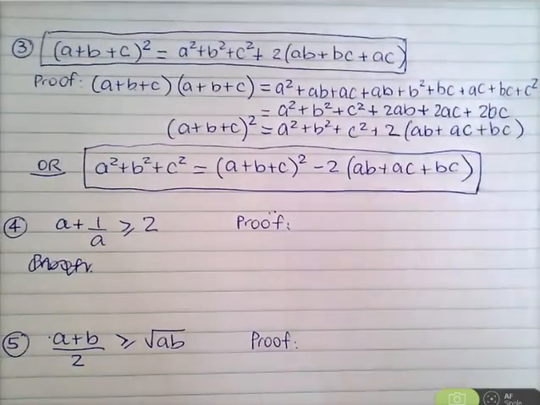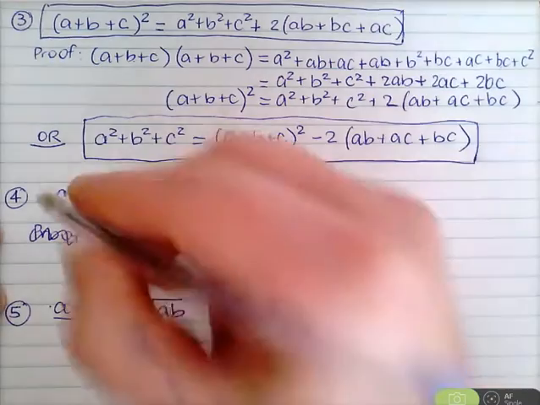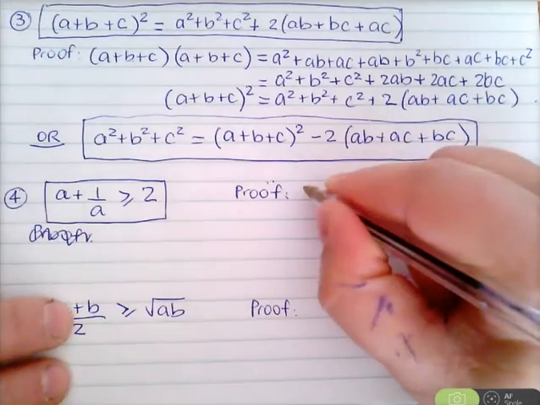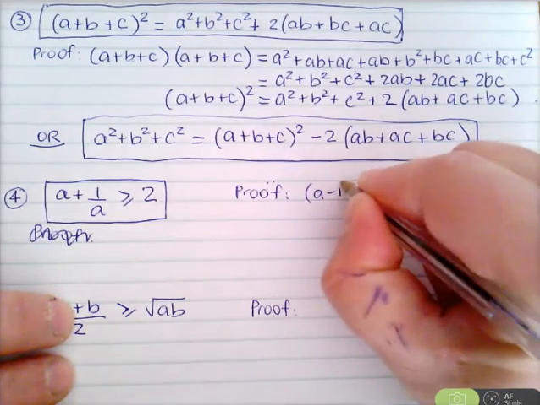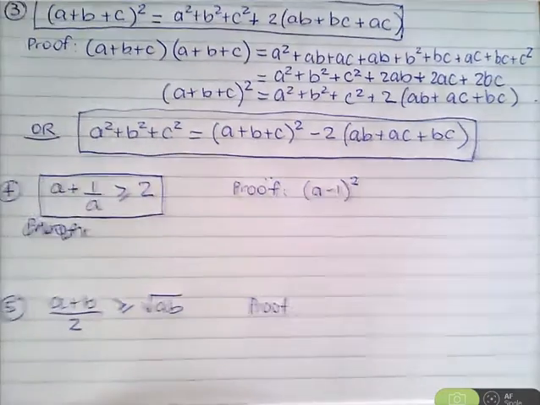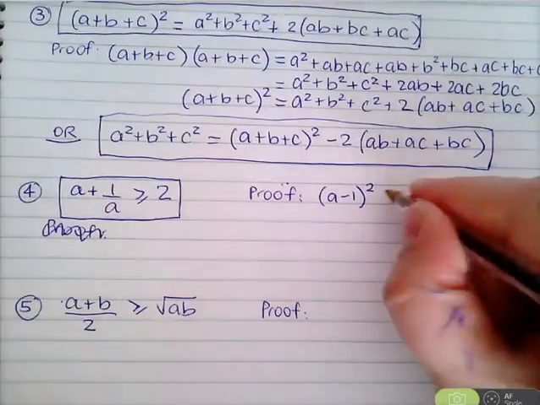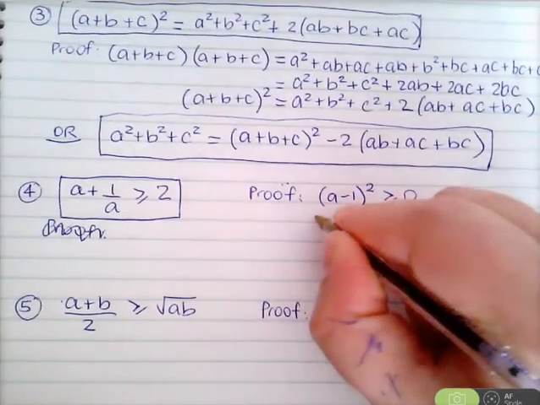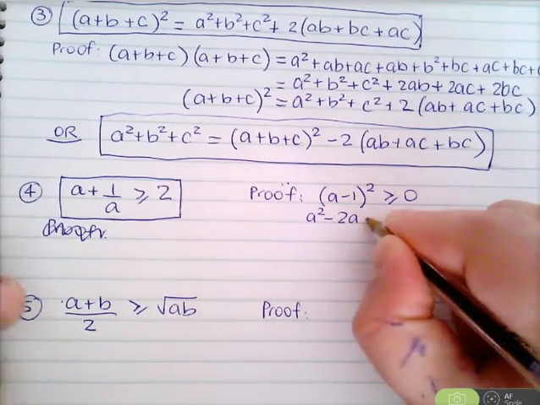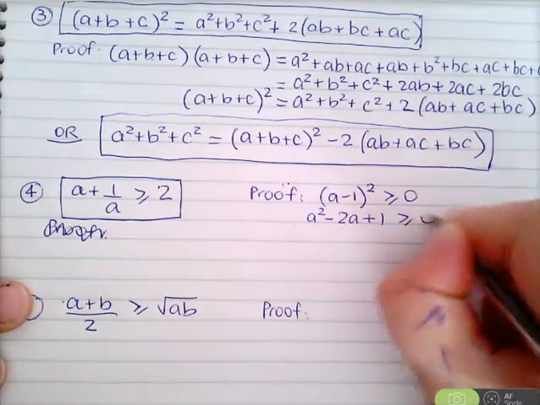Okay, one that you may be required to prove is this: a plus 1 on a is greater than or equal to 2. To do this, you can start off with (a minus 1) squared is greater than or equal to 0. And so therefore we get a squared minus 2a plus 1 is greater than or equal to 0.